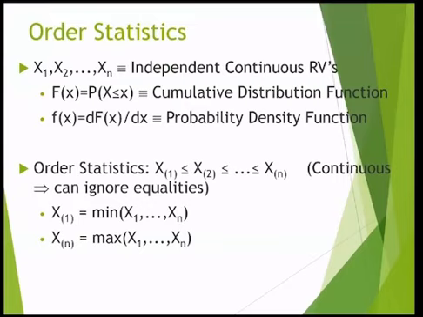Does that make sense? And that's exactly what you see here. Now for the greater than sign, you're actually going to have the probability of x1 greater or equal to s, the probability of x2 greater or equal to s, until you get to xn.